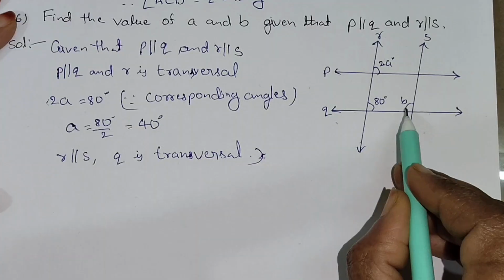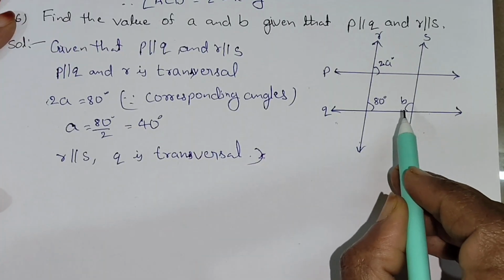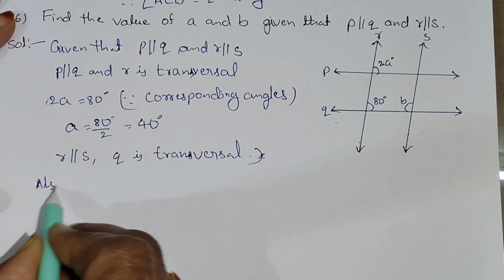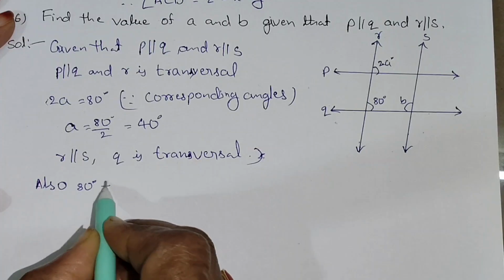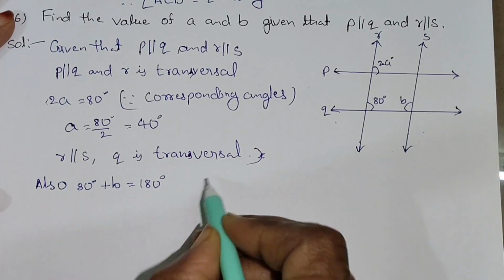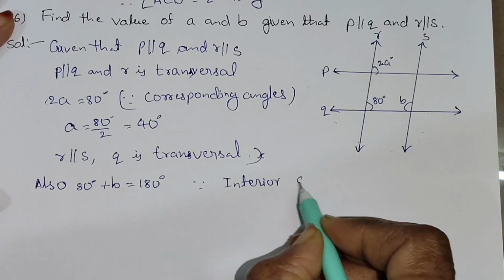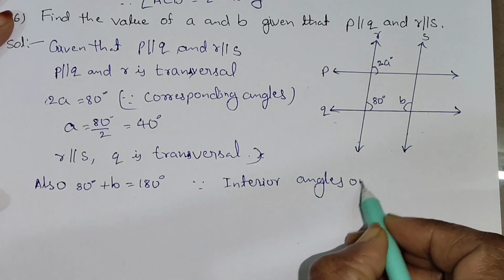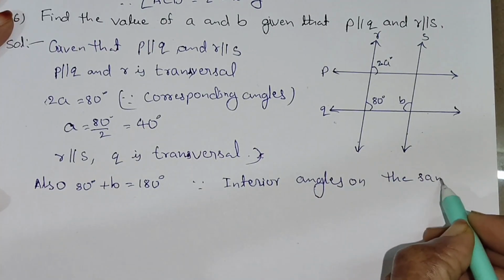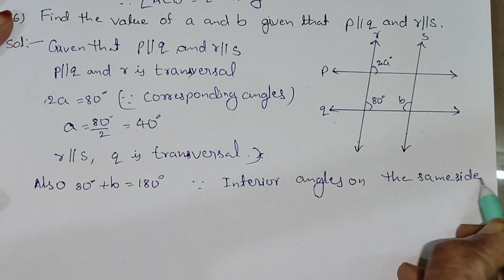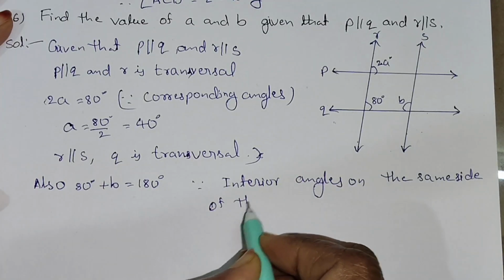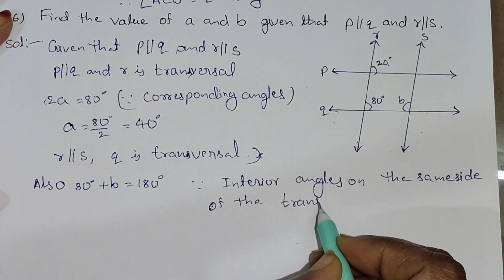So the sum of these two angles is equal to 180 degrees. We write that: 80 degrees plus B equals 180 degrees, since they are interior angles on the same side of the transversal.